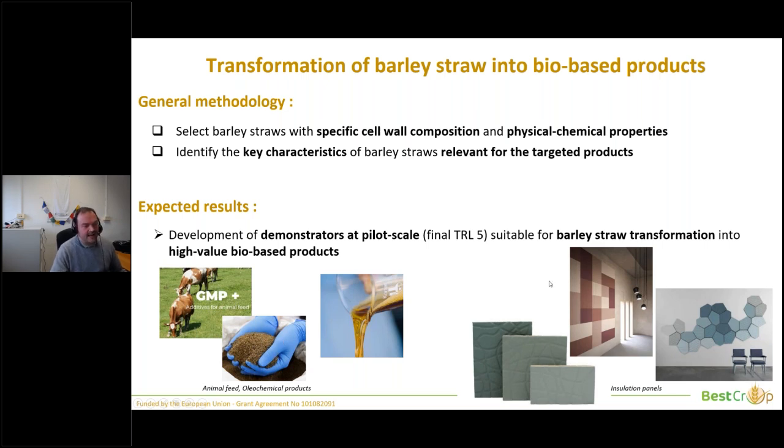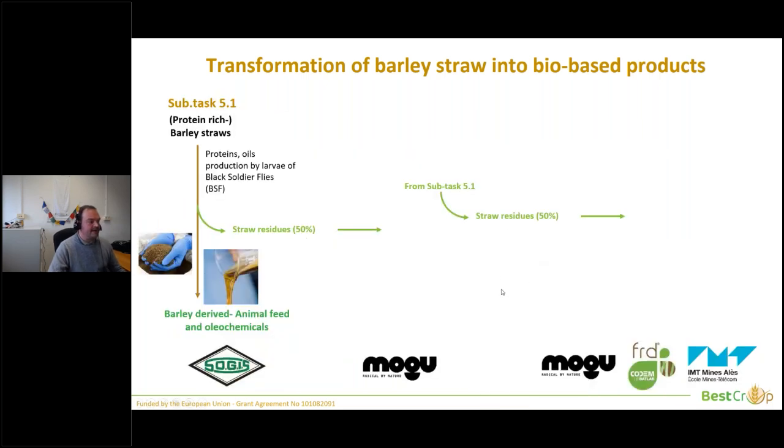At the same time, straw will also be used to build insulation and construction panels. This will be done by different industrial partners in our project.